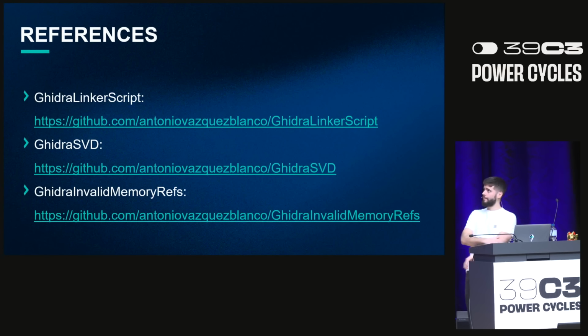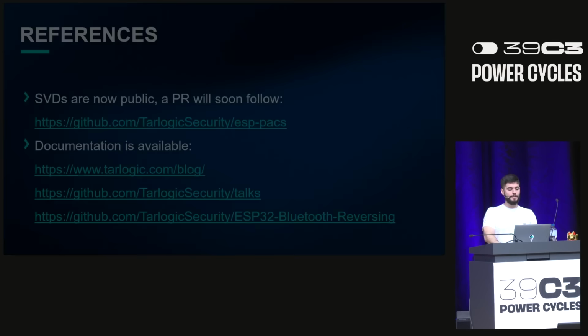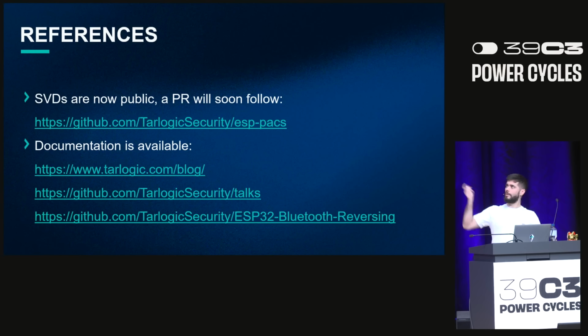So, for reference, for those of you that are into reverse engineering, here you have the link to the repos of the Ghidra plugins I've made. And for the ones that want to see the Bluetooth part, the pull request is already going.